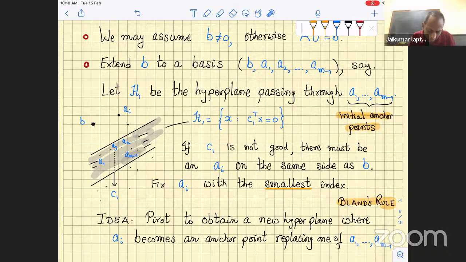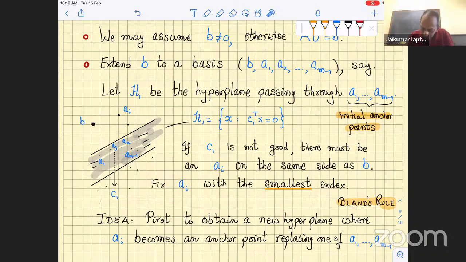But the thing that could go wrong is that there might be some of the AIs which are on the same side as B. In that case, we need to pivot this hyperplane to obtain a new hyperplane. So we will construct another hyperplane and make sure that this A is away from B. But in the process, maybe some other vector goes on the same side as B. Again, we'll do something, and we will show that this process terminates.